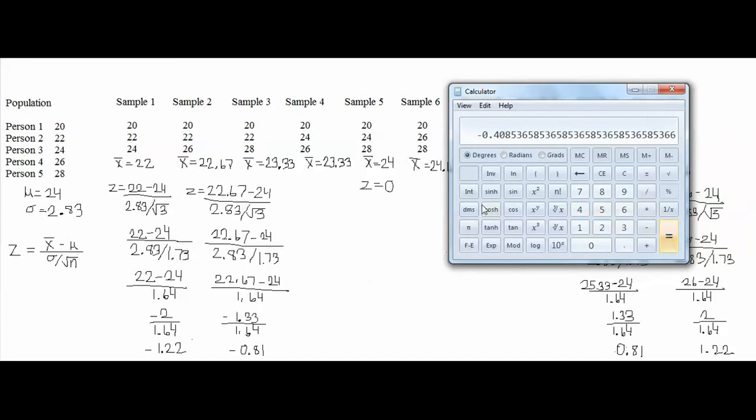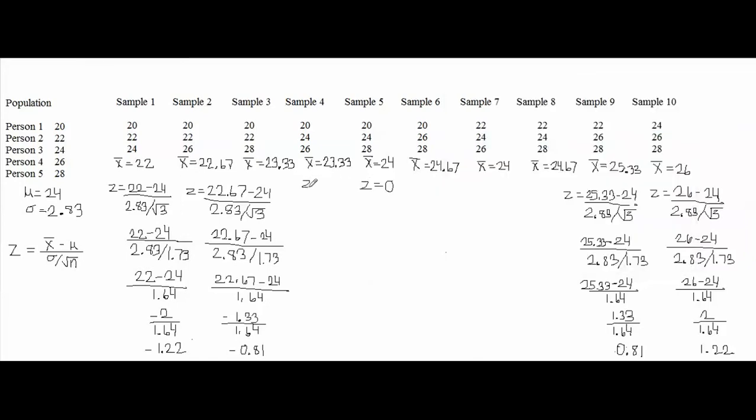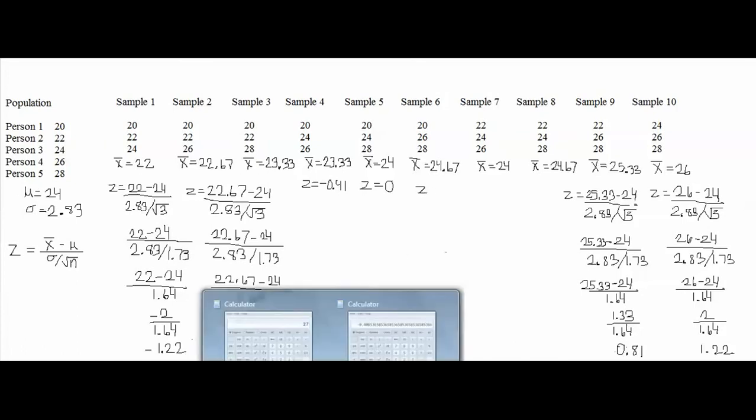So this sample 4 has a z-score of negative 0.41, rounded. And this one right here is actually going to be positive 0.41. If I did the math, that's what it would come out to.